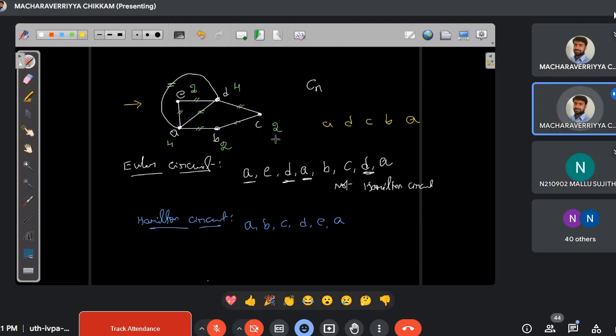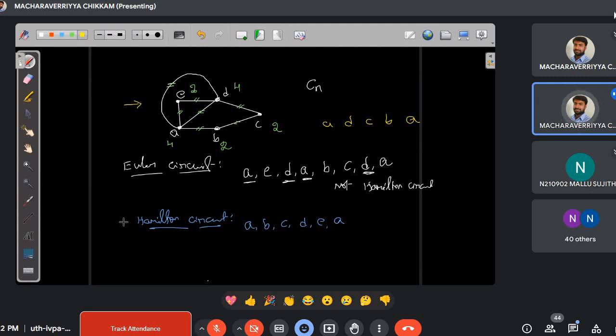E is not involved, therefore it cannot be a Hamilton circuit. Every vertex needs to be visited. Here in this sequence, the vertex E is not visited. Alright, I hope the answer is no. You cannot find an Euler circuit here which is the same as a Hamilton circuit.